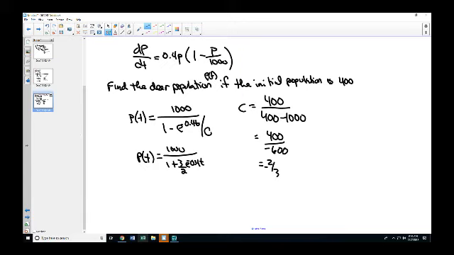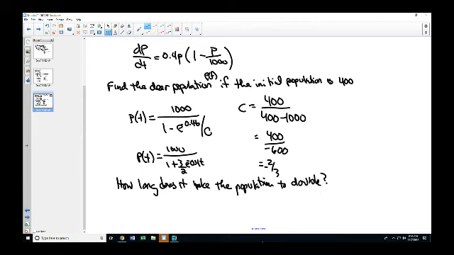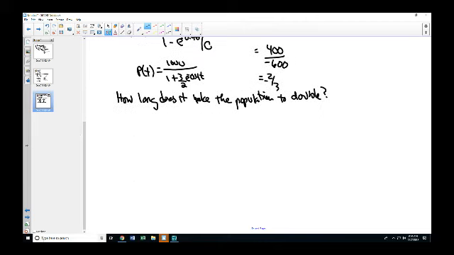All right, how long does it take the population to double? You said 2,000 has 100 people?